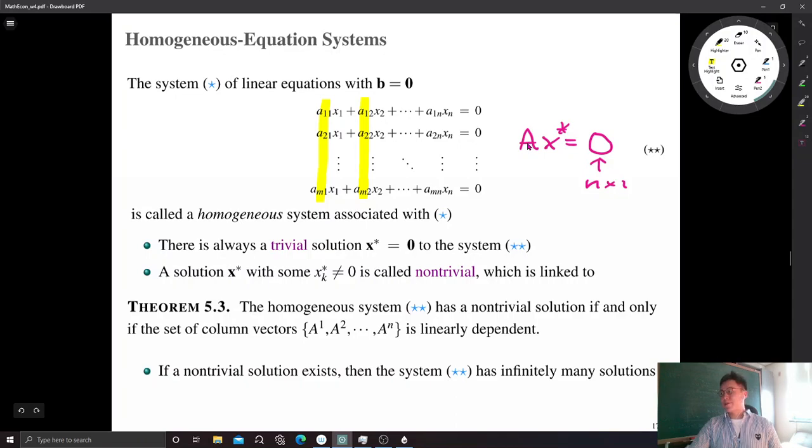This is going to be 0 because it can be cancelled out. So that means the homogeneous system has infinitely many solutions. So once we find a non-trivial solution to a homogeneous equation system, then we can anticipate there are infinitely many solutions.